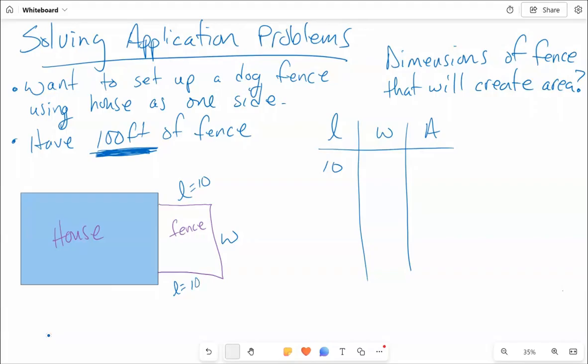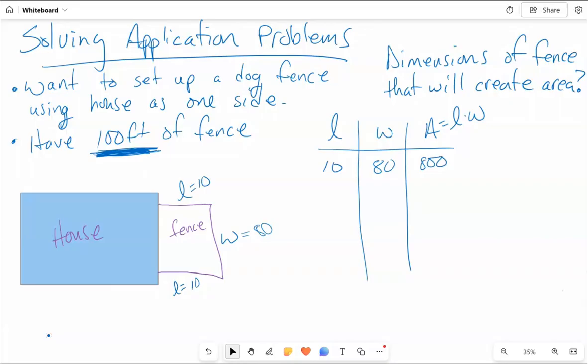So this side would be 10 also. Now I only have 100 feet of fence to work with, and I've used a total of 20 already. So this side would have to be 80. In this situation, my area, of course, area is equal to length times width for rectangles, so 10 times 80 would be 800.